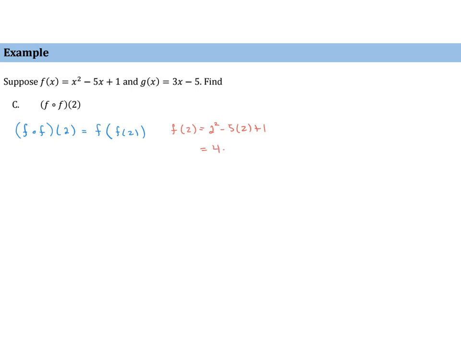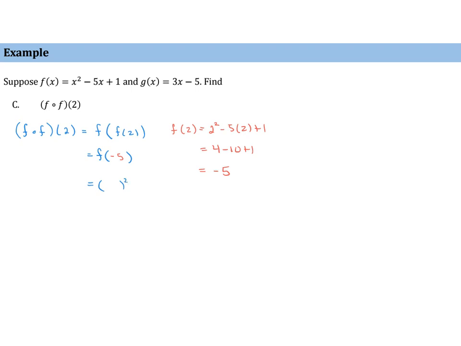So we get 4 minus 10 plus 1, and so that's negative 6 plus 1, so negative 5. So this would be f of negative 5, which we can then substitute into our function.